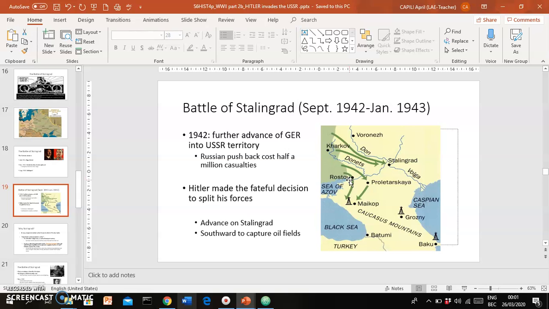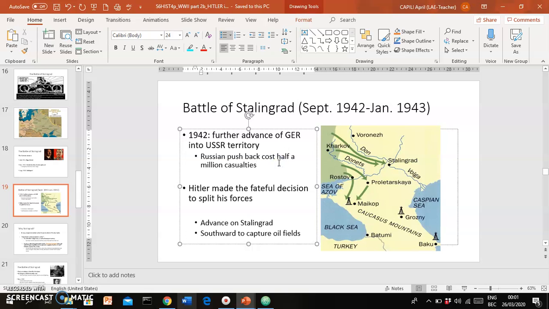The Russians would push back, but that would mean a toll of 500,000 casualties. And then at this point, Hitler would make the fateful decision of splitting up his forces. Some would concentrate on Stalingrad, and the rest would try to move southwards and take over those oil fields in the Caucasus.